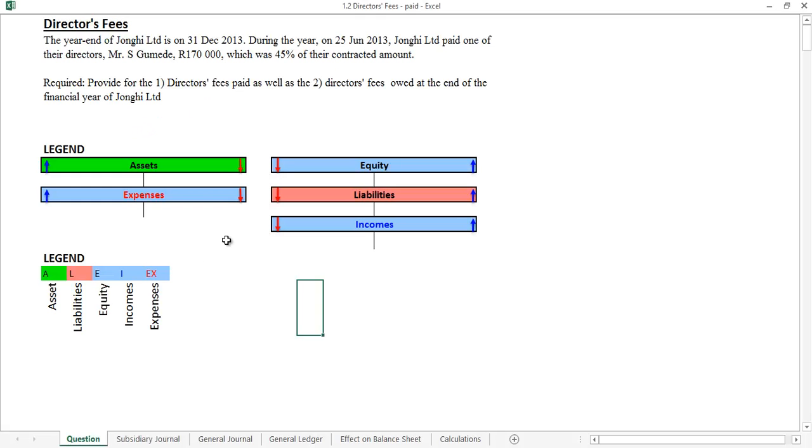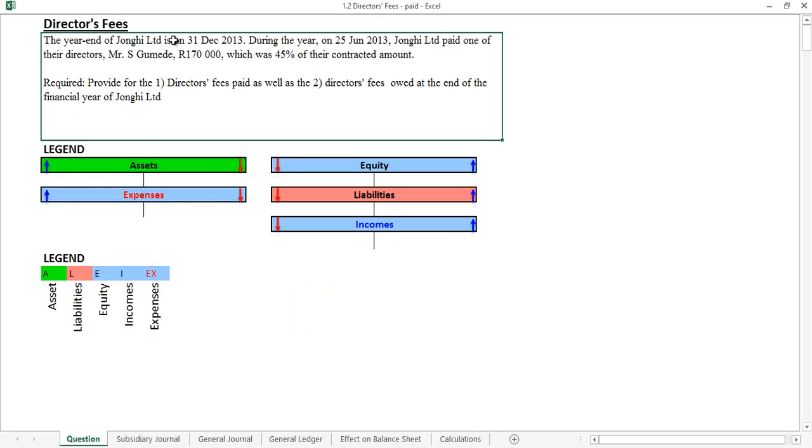So what's the exchange of value taking place here? My first question is, which two accounts are affected? So the first account affected is, we have paid this director, Mr. S. Gumede, 170,000 Rand. So the first account is going to be bank. All right, bank we know is an asset. That's the second question.